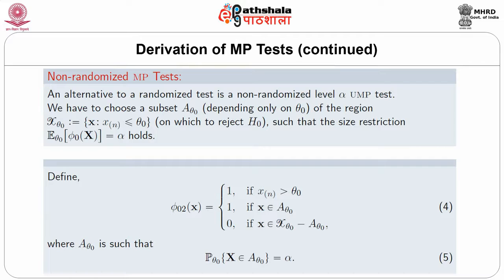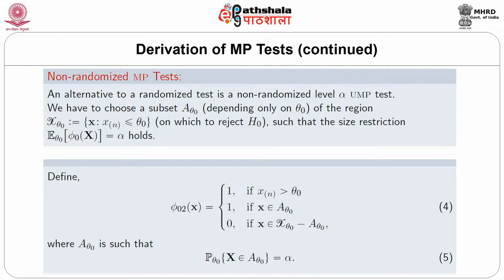It is 1 if x order n is greater than theta naught, and if x belongs to a theta naught, you take phi naught 2 as 1. So, you reject h naught here, and if x is outside this region a theta naught, that is, within this script x theta naught, then it is 0.